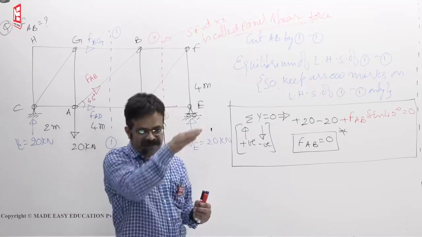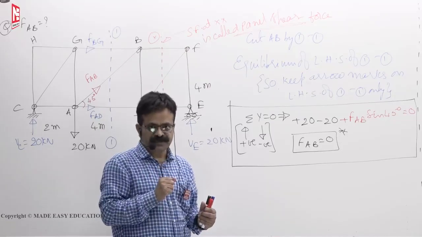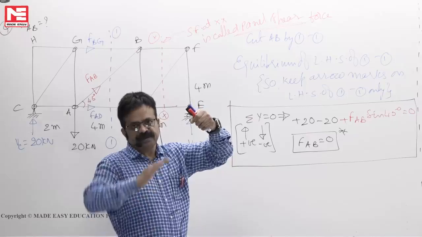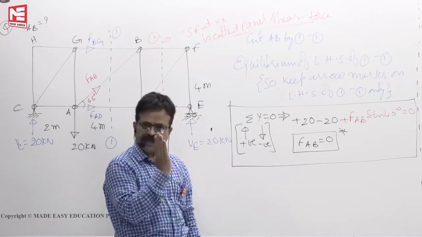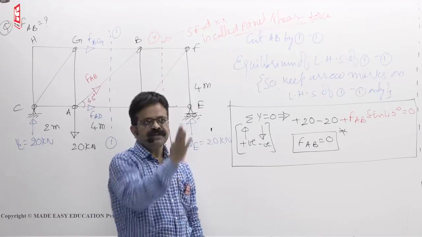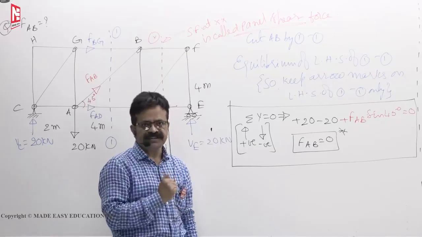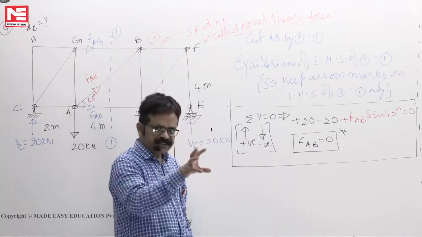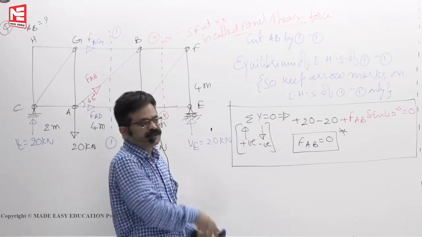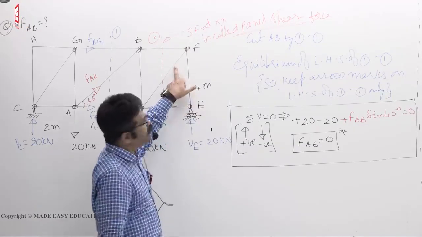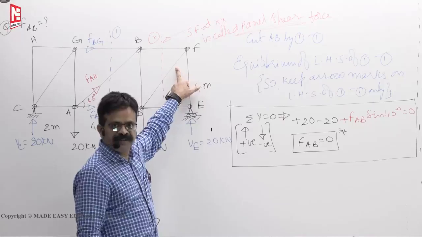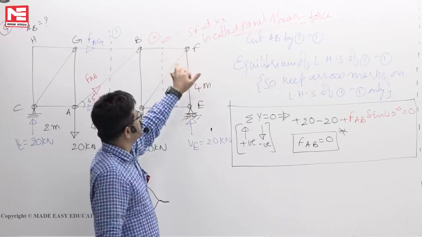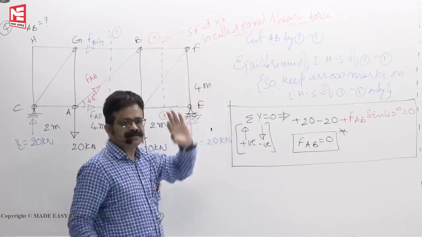But that does not mean that bent up bars are subjected to shear force. Bent up bars in RCC beam are under tension, whose Y component of the bent up bar tensile force will resist the concrete shear. That's what you have learned in RCC. So that also comes from this analysis only. The vertical component of this diagonal member will resist the panel shear, and so this member now will be under tension or compression.